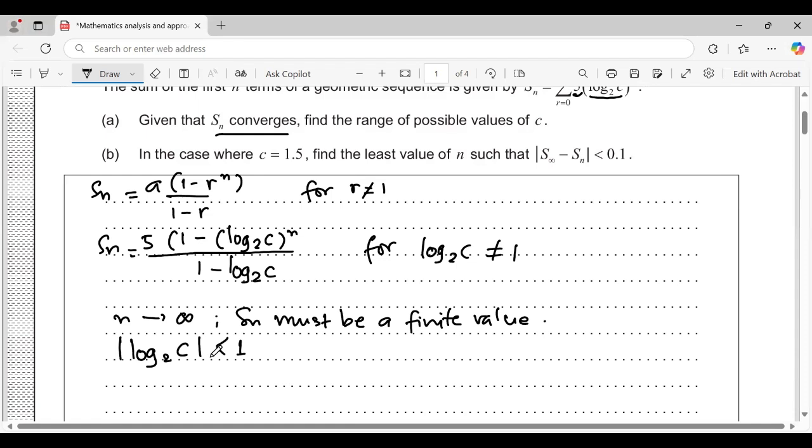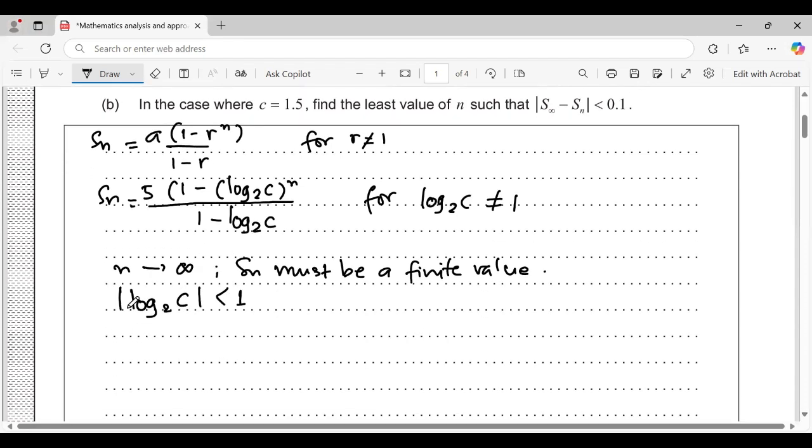So we can write it as two inequalities. Modulus log 2 C less than 1 becomes minus 1 less than log 2 C less than 1. Log 2 C is greater than minus 1 and less than 1. From the modulus, this one inequality becomes two inequalities.